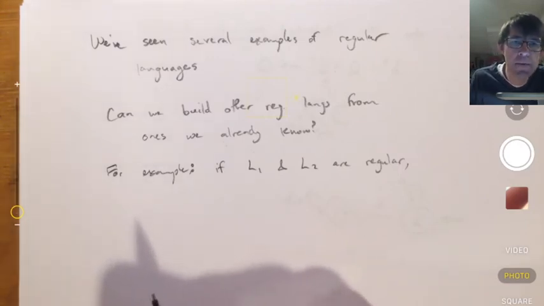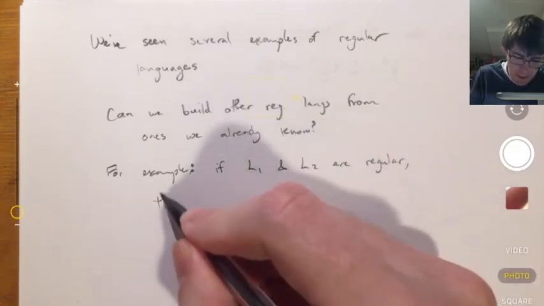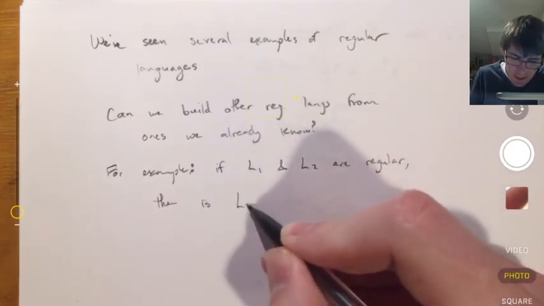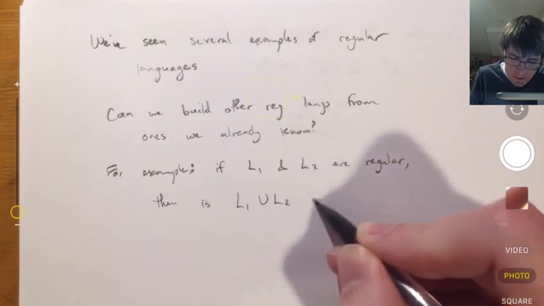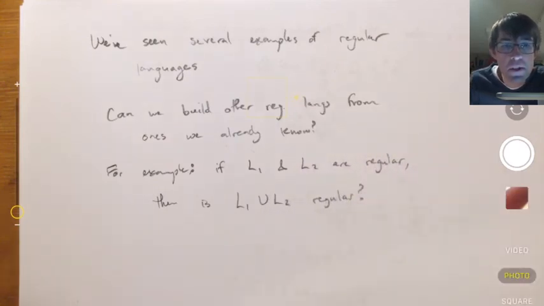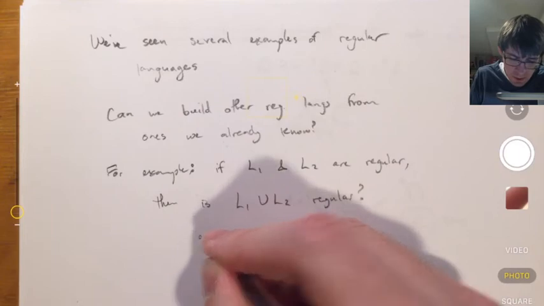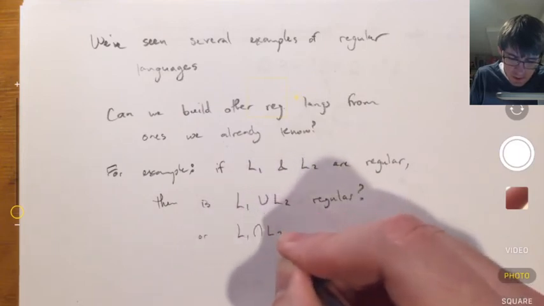If we have two languages which we know are regular, then I could ask, is L1 union L2 regular? These are sets so you can combine them in various ways. You could also ask, is L1 intersect L2 regular?